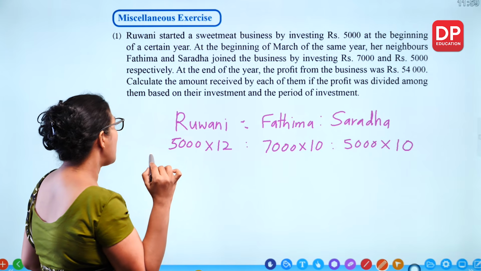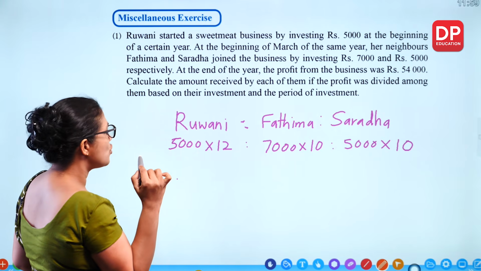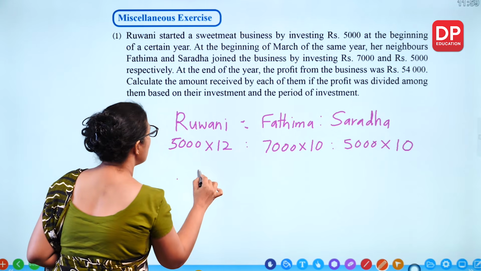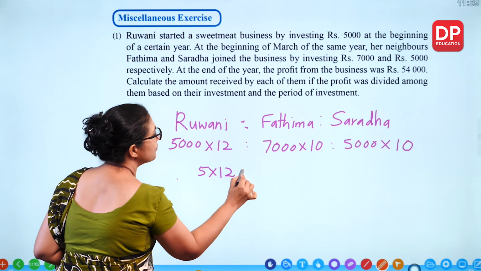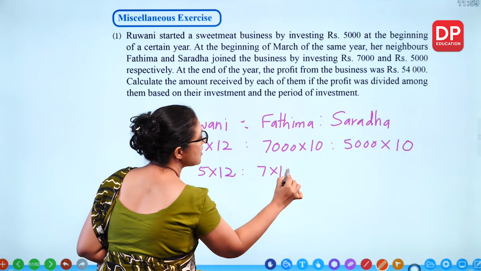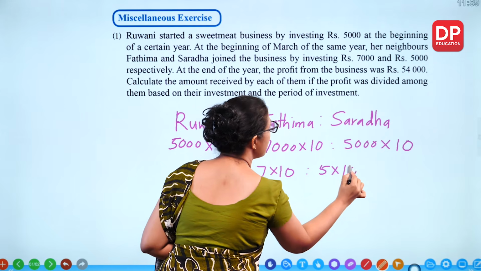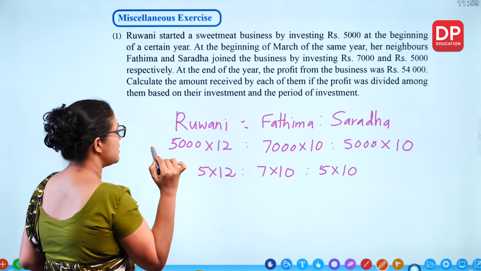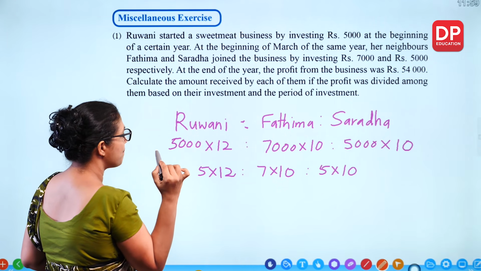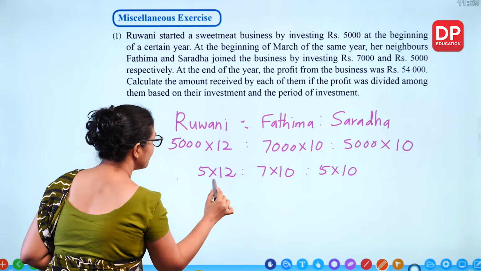So when you simplify this, what's the ratio? Combined ratio. Divide by 1000. 5 times 12. 7 times 10. And 5 times 10. You can divide this by 2.